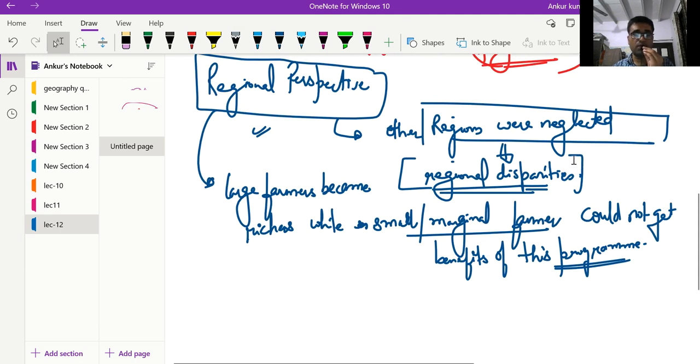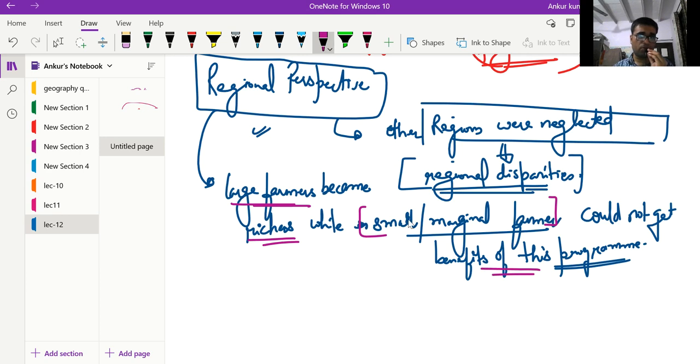This led to regional disparities. And another fact was that the large farmers were more insured and became rich, whereas the small and marginal farmers could not get much benefit out of this program.